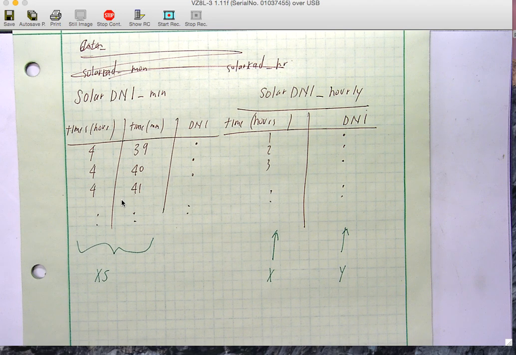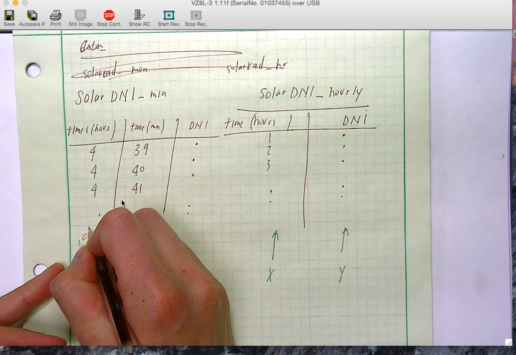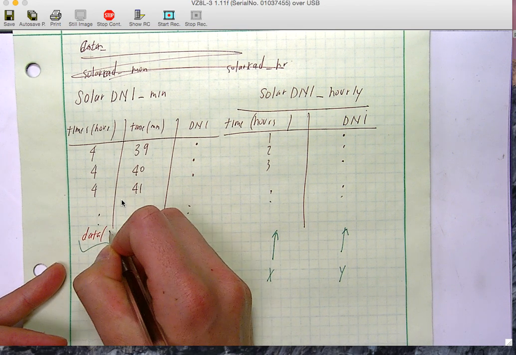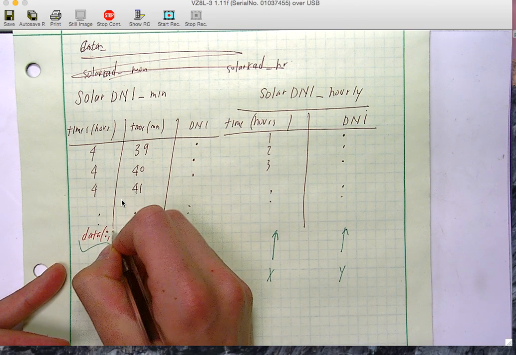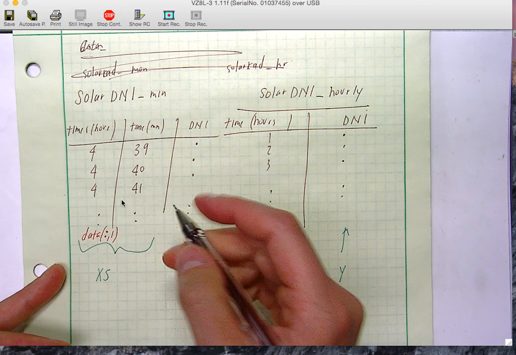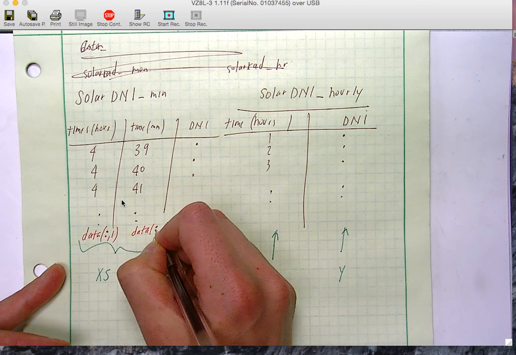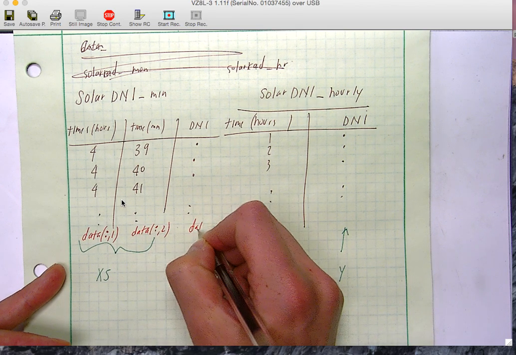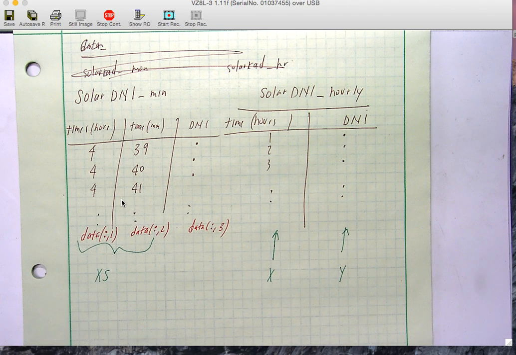So when you read this file in, let's say this is called data. If you called the whole thing data when you read it in, this would be data : 1, this would be data : 2, and this would be data : 3. These would be the 3 columns of what you read in.